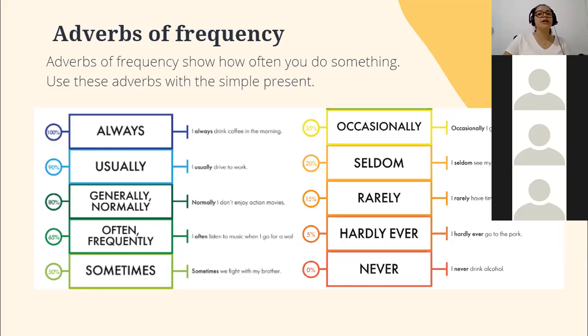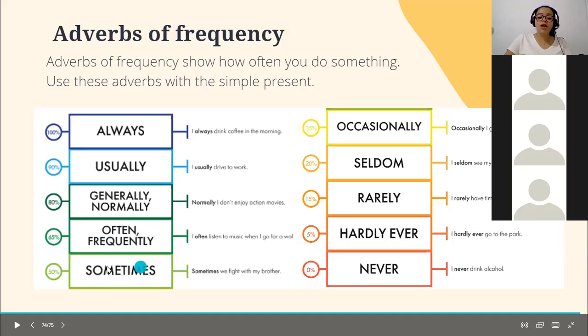Everybody repeat after me, often. Very good. That is a 65%. It's the same as frequently. Everybody repeat after me, frequently. Frequently. Very good. Frecuentemente, right? That's frequently. Now, sometimes is a 50%.